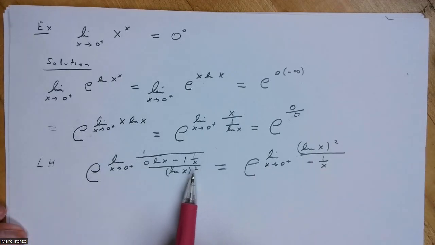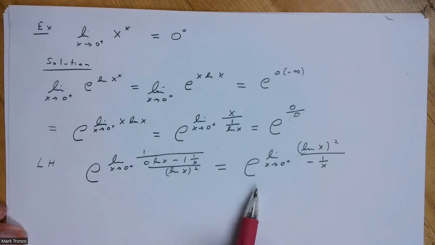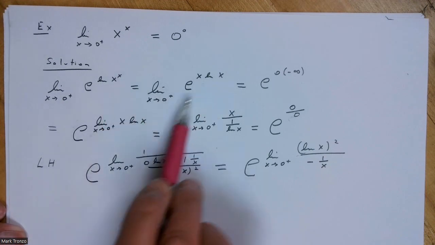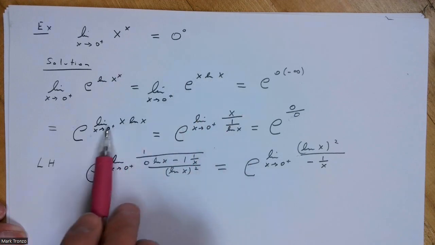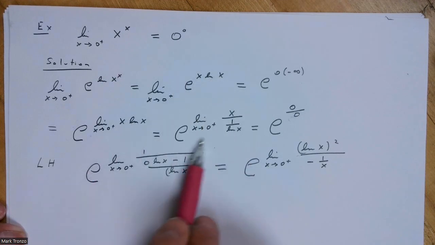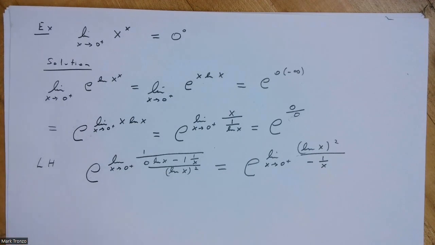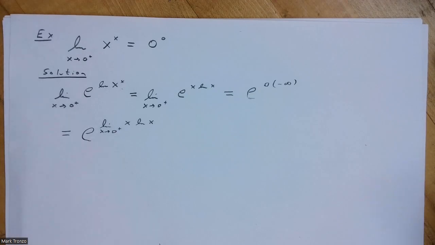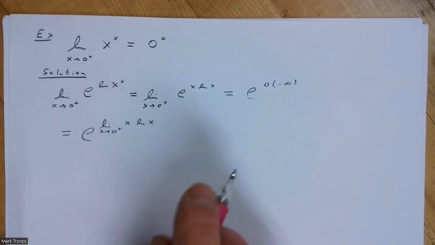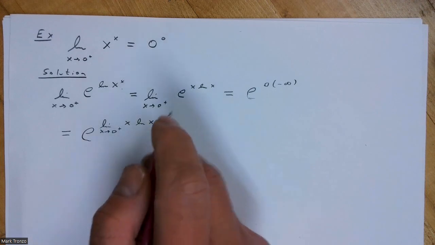So let's skip this one, and let's go back to where we rewrote this here. Let me do that a little bit differently. Let's try to do it this way.